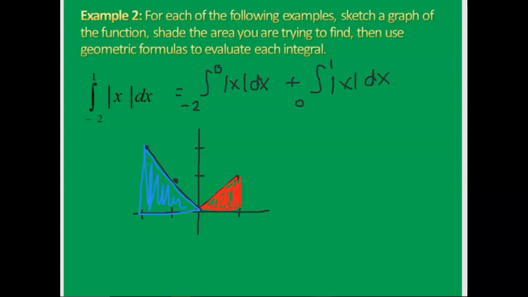Just like we could take limits and functions and break them into smaller parts, we can also take an integral and break it into smaller parts, as long as the new upper and the new lower bound match each other. So the blue plus the red.